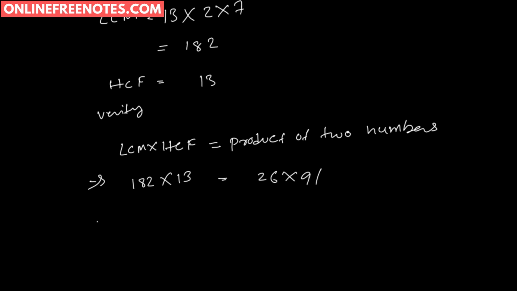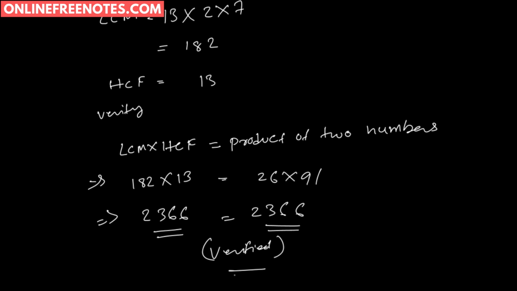If we multiply 182 and 13, we will get 2366, and if we multiply 26 and 91, we will also get 2366. So in this case, this number and this number are the same, so we can say that it is verified. So this is our answer.